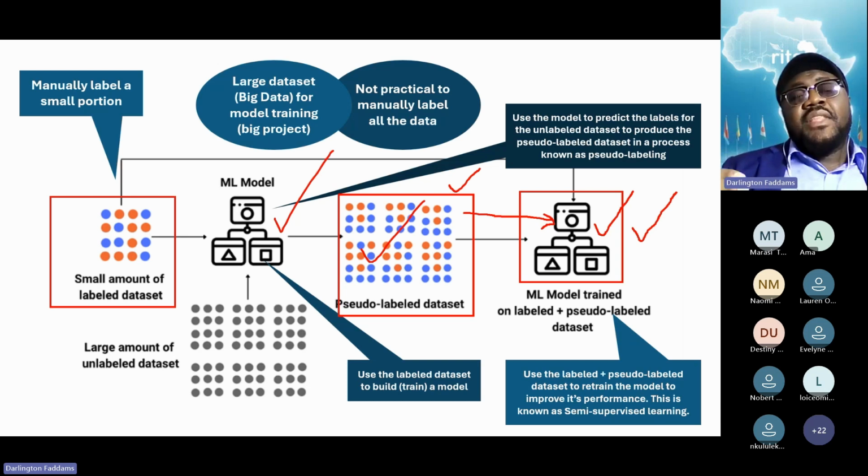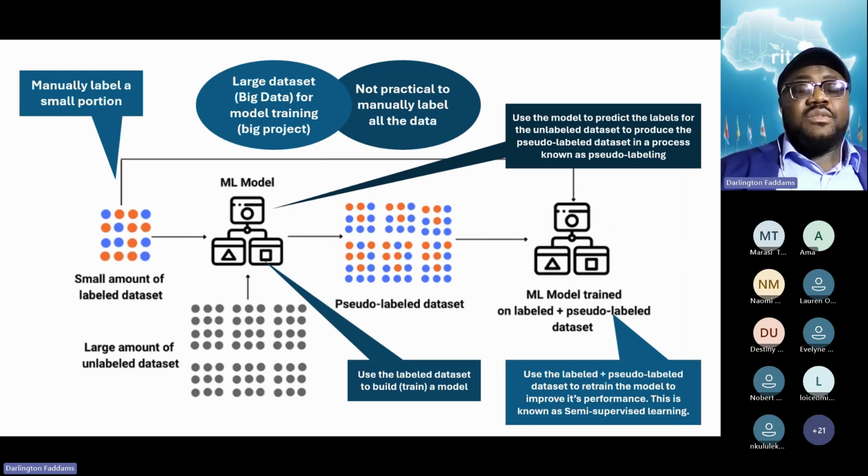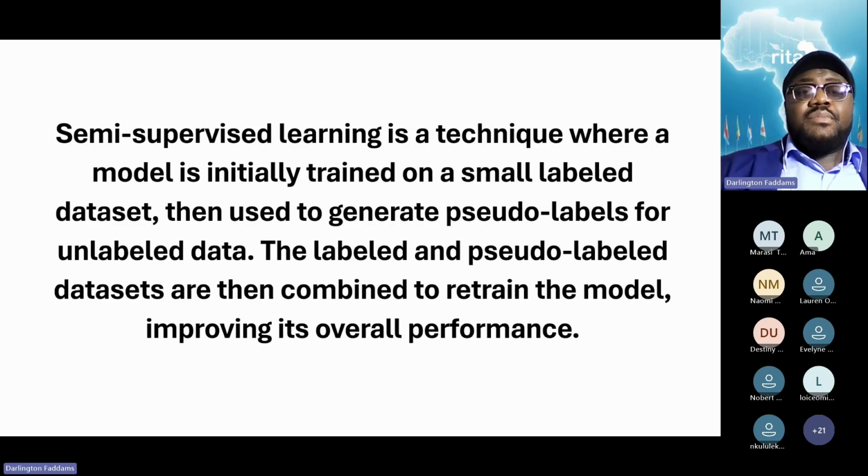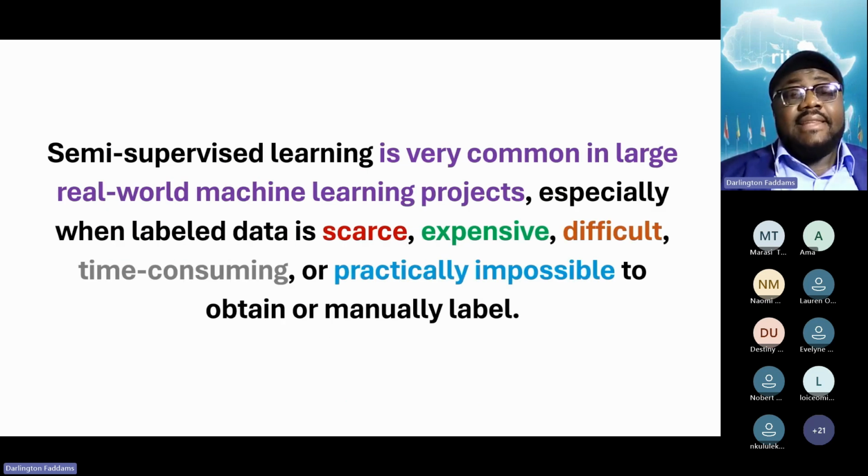So this time, from the result of the predictions, we will now do a retraining so that it will now be intelligent and we can now move it to production and use it in the real world. And this is how most real world projects are developed. And this is a type of training and it's very, very common.